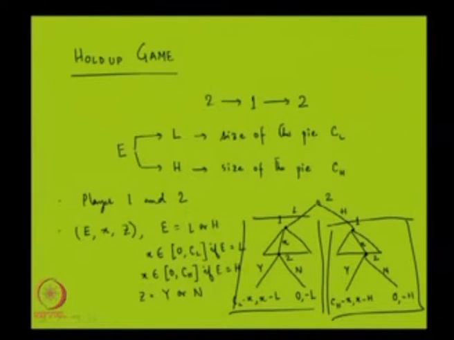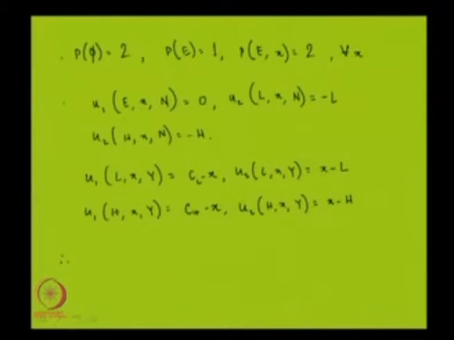Since minus L is greater than minus H, player 2 will choose L. So the subgame perfect equilibrium in this case is the following: L is the action chosen by player 2 in the first stage.